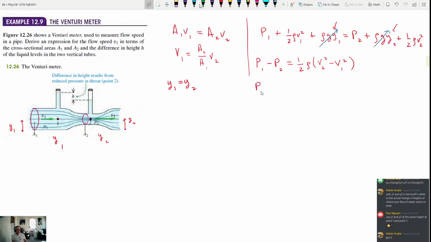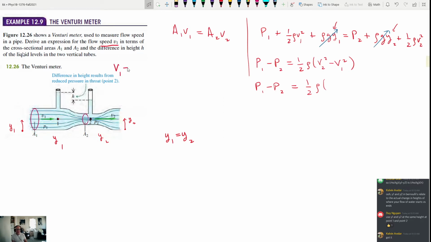We can then plug in V2 squared is going to be, I lied. I was thinking too far ahead and I got it wrong. We need to eliminate V2 because our goal in this problem is to find the flow speed V1, right?